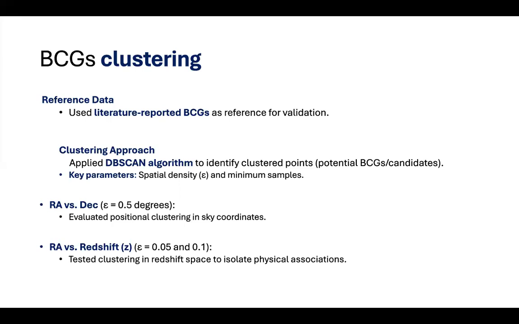At the beginning, in this right ascension versus declination plot, we select 0.5 degrees, so the idea is to evaluate positional clustering in sky coordinates. In the plot of right ascension versus redshift, this polar plot, epsilon is going to be first 0.05 and after that 0.1. The idea is to test clustering in redshift space to isolate physical associations.